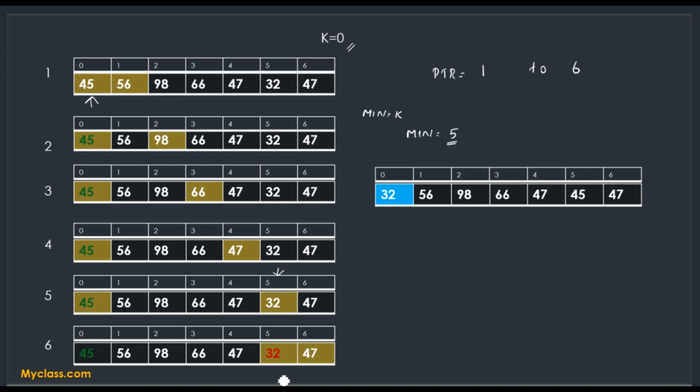In the next step, we are checking 32 or 47. Which one is smaller? Again, 32 is the smallest one. So we got min equal to 5. Now we are swapping A of 0, A of K, with A of min, A of 5. So 32 is here now and 45 is here now. It is the case of when K equal to 0.